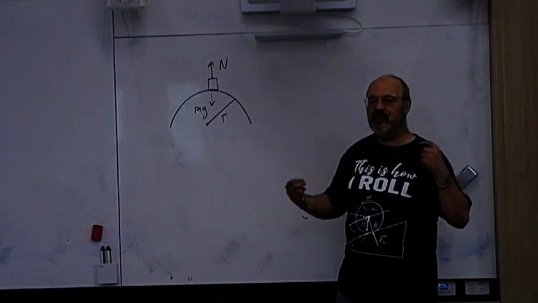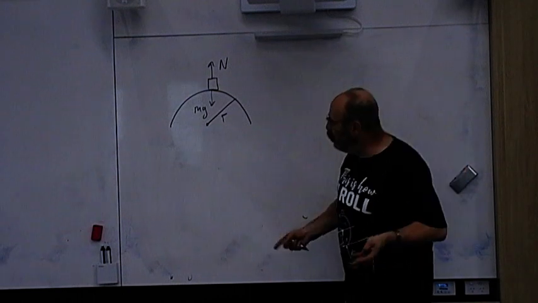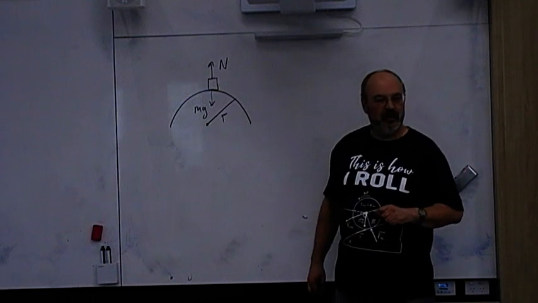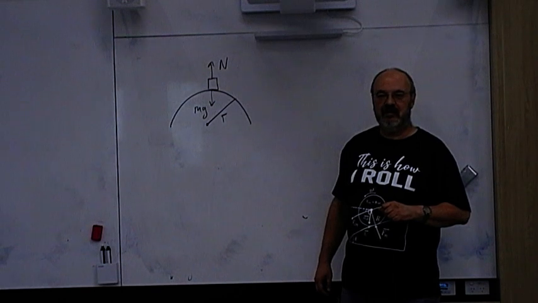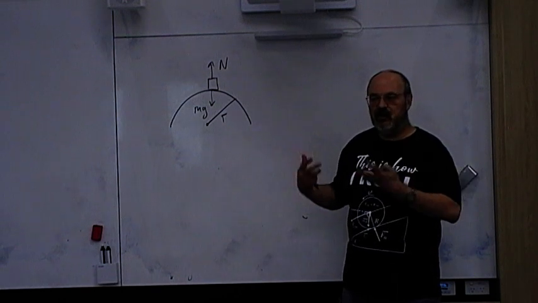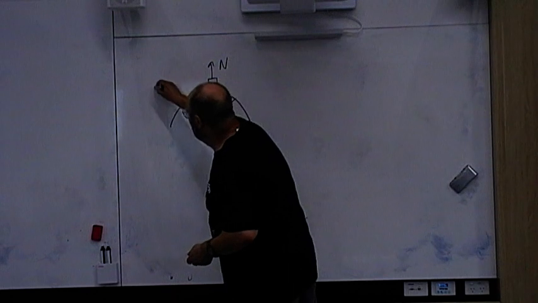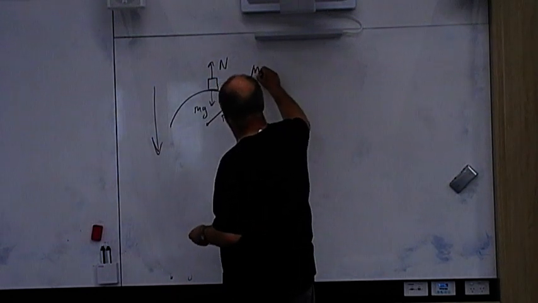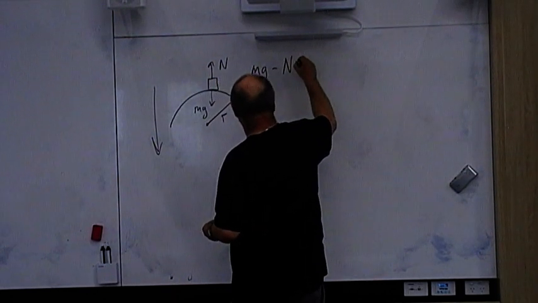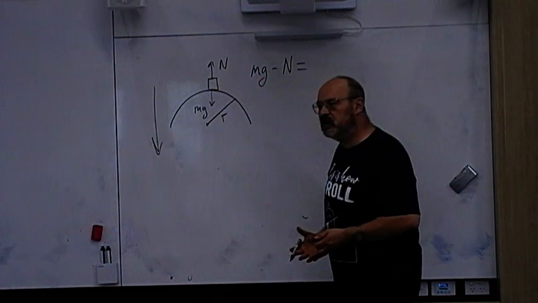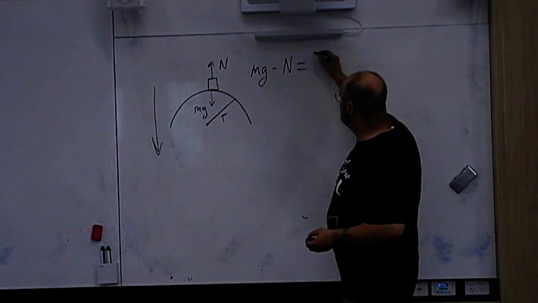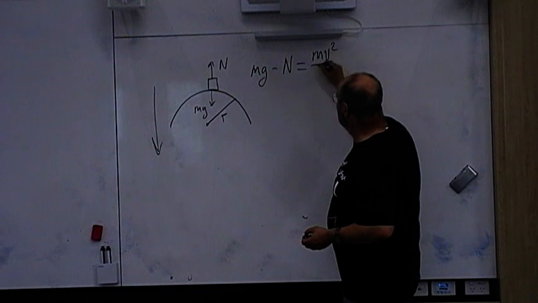When you're moving in a circle, net force is to the center, so it will be vertically down. Makes sense that it has to be directed to the center. So we choose positive down, we get mg minus N, and always net force, when it's motion in a circle, is mv squared over r.